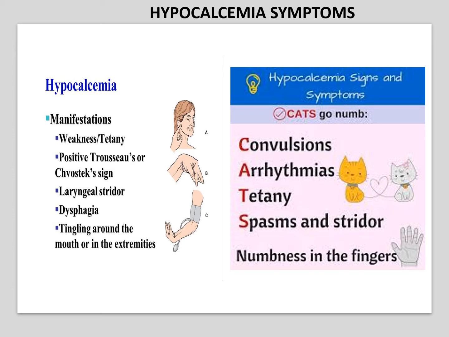What about accidental removal of the parathyroid glands during thyroid surgery? Without your parathyroid glands, you will become hypocalcemic and you will require calcium supplementation for the rest of your life. Okay? So just examples of causes of hypocalcemia.